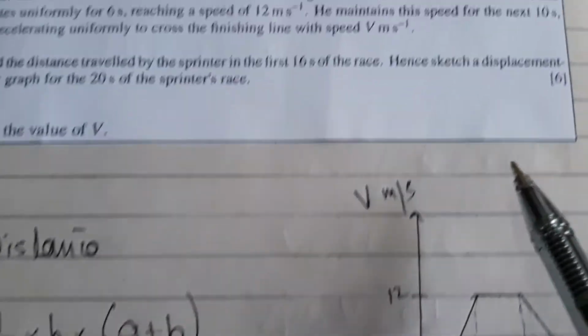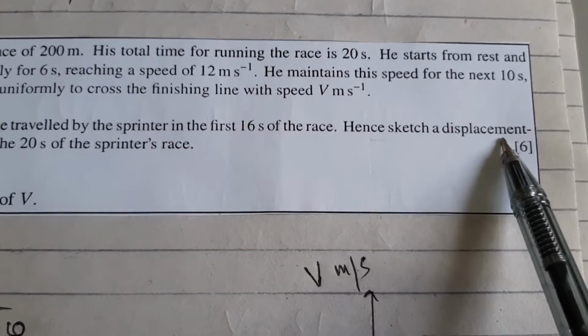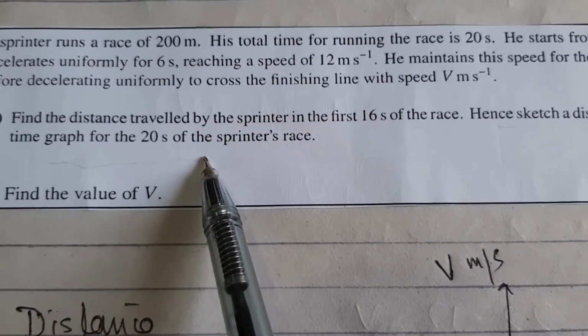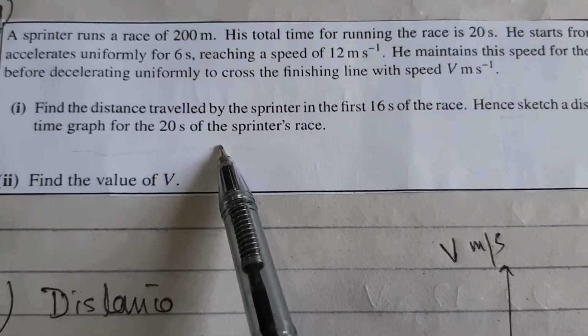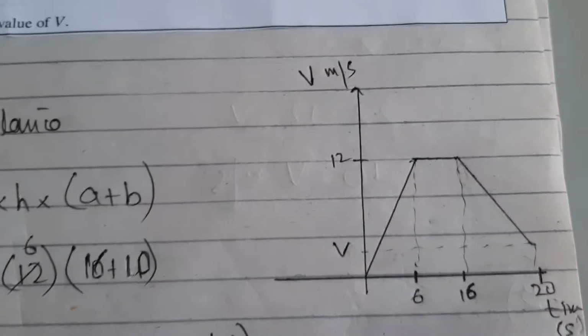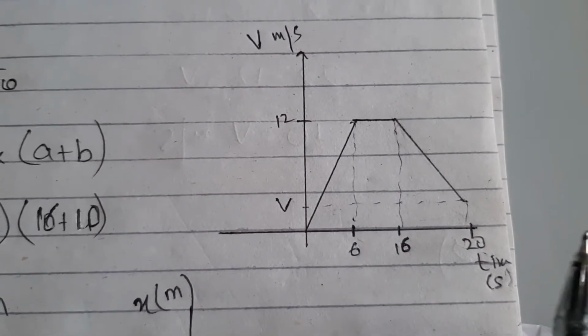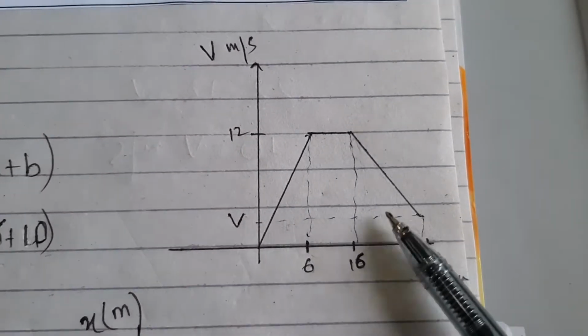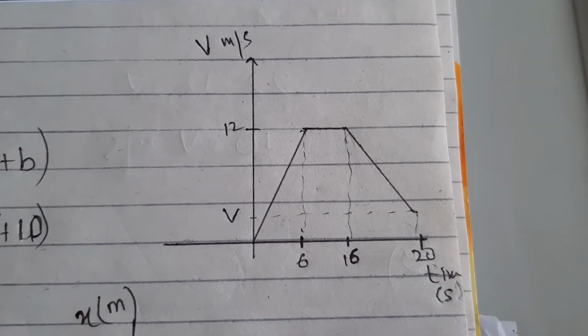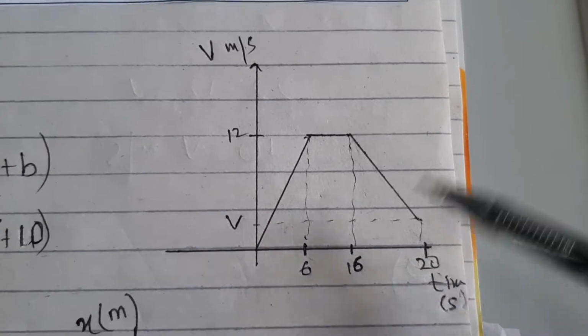The next part of the question says, sketch a displacement time graph for the 20 seconds. So now you have to change this graph into a displacement time graph. The question is not saying draw or sketch a velocity time graph. I did it for myself so that it is easy to see how many segments there are.